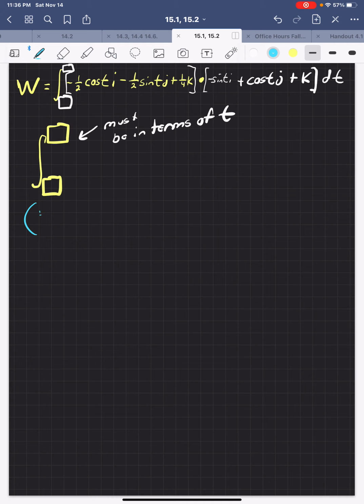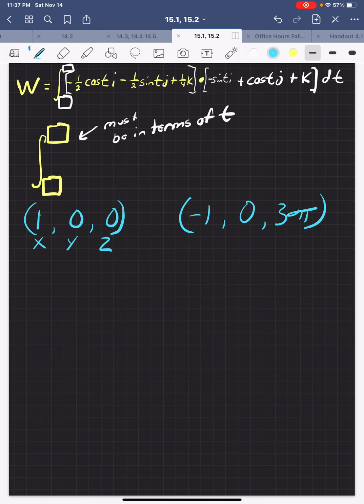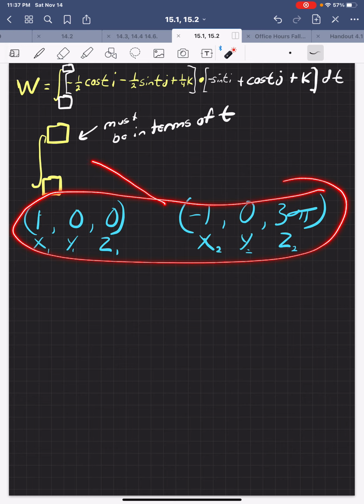We're given 1, 0, 0, and that's the starting point, and the stopping point is -1, 0, 3 pi. I'll label these sub-1 and sub-2. Okay, so somehow we have to take this information and create bounds, but the bounds must be in terms of t.